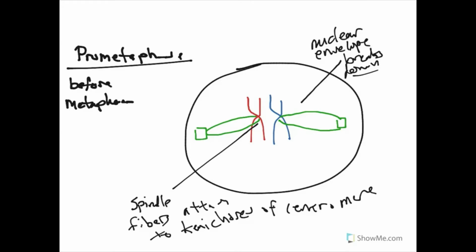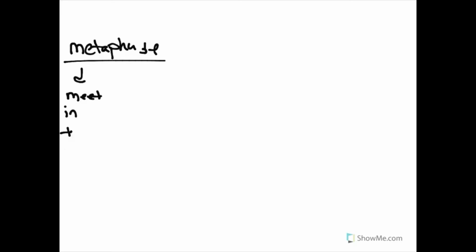Now what's going to be the next phase that we're going to see is going to be metaphase. Now metaphase, there's a few things I want to talk about real quick. Meta, we're going to be meeting in the middle. Meet in the middle. And that's how I always like to talk about metaphase. This is when you meet in the middle. This is the meet in the middle phase.